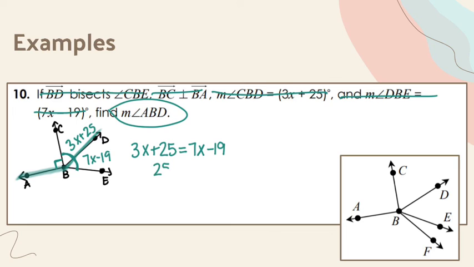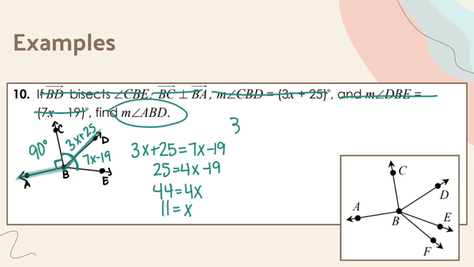I'll subtract the 3x to get 25 equals 4x minus 19. Add the 19 to get 44 equals 4x. Divide by 4 to get 11 equals x. Now, once we know what x equals, again, we said this part of the angle is 90 degrees, but we want to know this part as well.